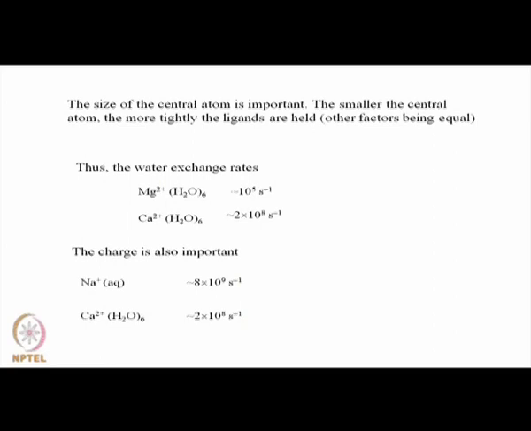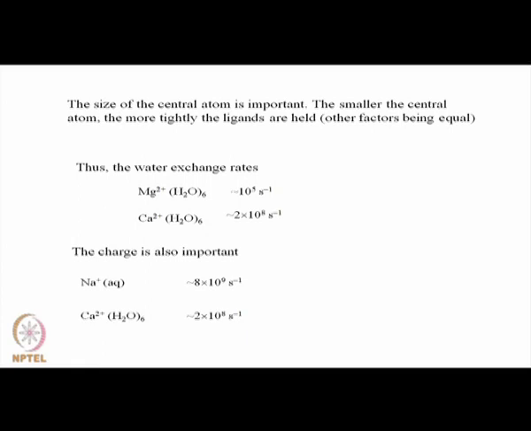Okay. So, that is for water exchange rates, magnesium and calcium. See that for magnesium 2+ it is 10 to the power 5, but for calcium it is 10 to the power 8.